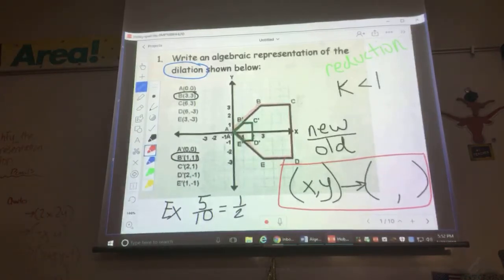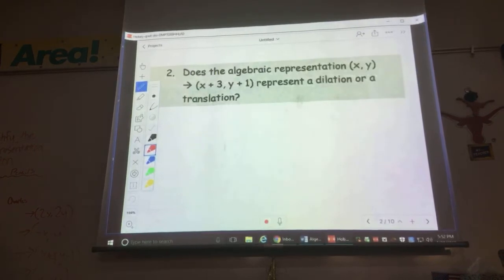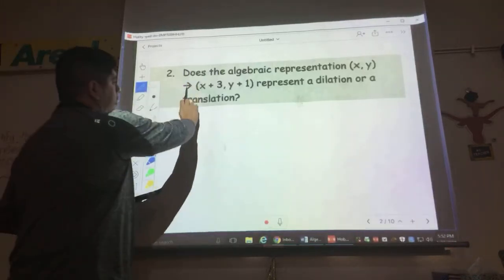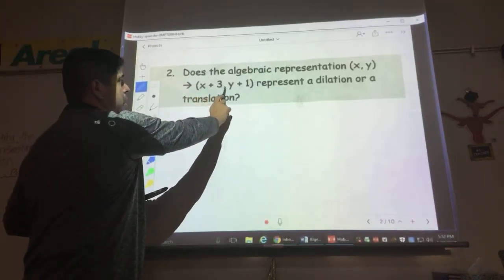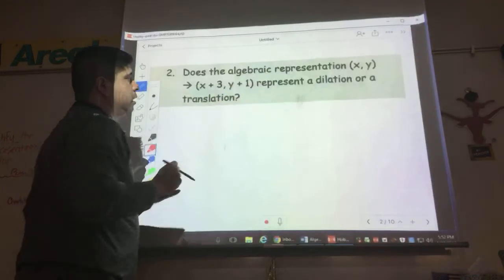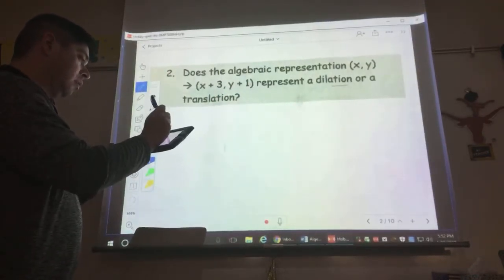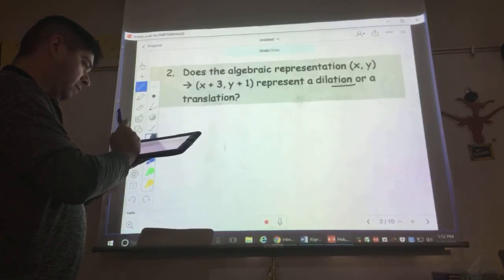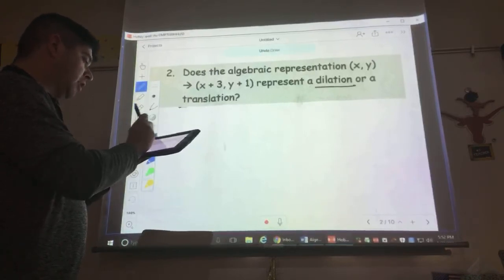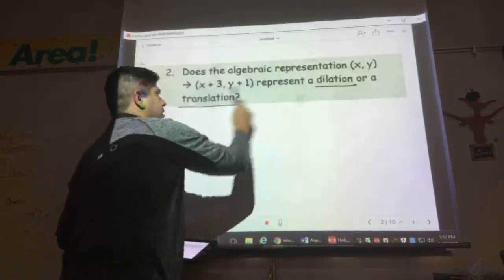All right. That's number 1. Number 2. Does the algebraic representation x comma y changes to x plus 3 comma y plus 1 represent a dilation or a translation? So the answer is going to be either a dilation or a translation.